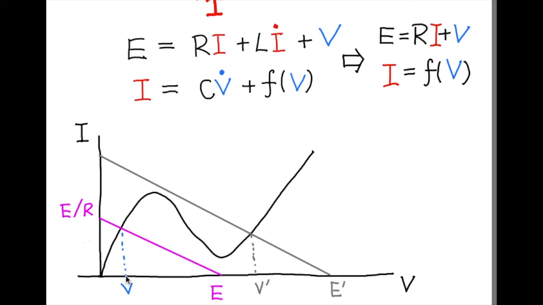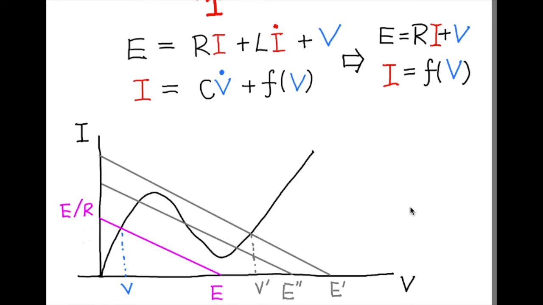and the V we care about will increase, but it will never move to V prime continuously. The intersection point will move continuously, but at a certain point, it will have to jump to a point like this, and then the intersection point will move continuously.